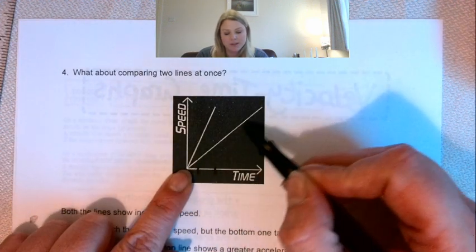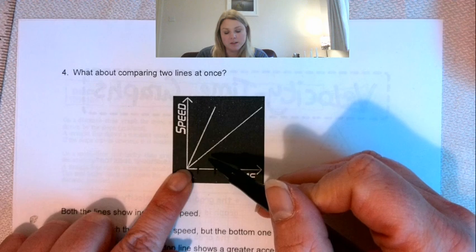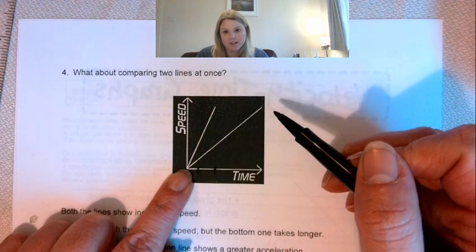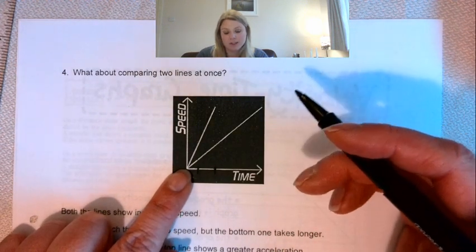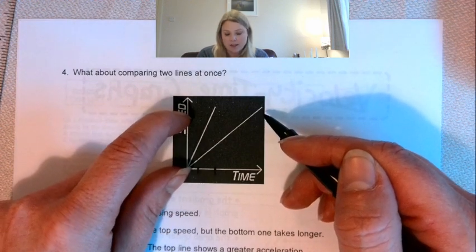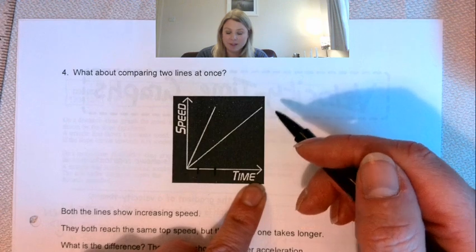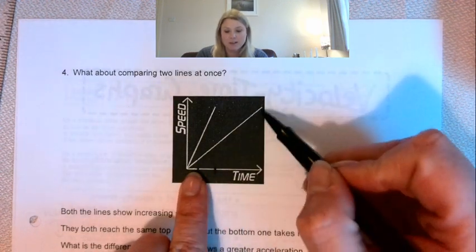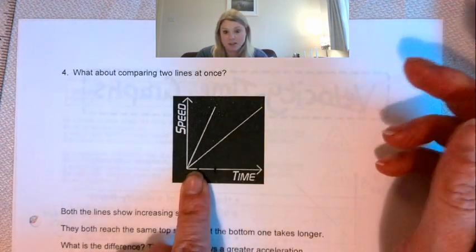So by calculating the area underneath this here, we're really just calculating the average speed multiplied by the time. The average speed is going to be half of the final speed, and then you multiply that by the time, and that is exactly the same as calculating the area of a triangle, half times base times height.